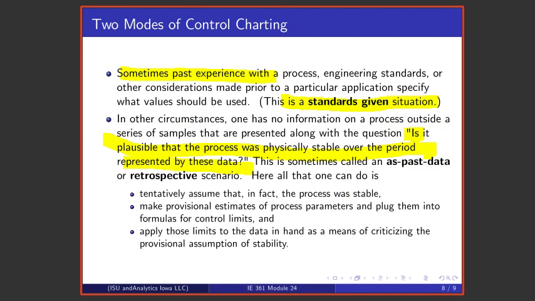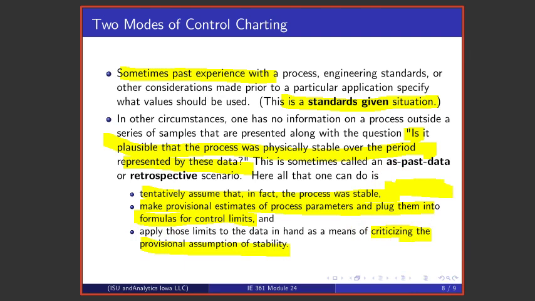When faced with an as-past data scenario, really all that one can do is to tentatively assume that the process was stable, make provisional estimates of process parameters and plug them into formulas for control limits, and then apply those limits to the data in hand as a means of criticizing the provisional assumption of stability that was made in the first place.